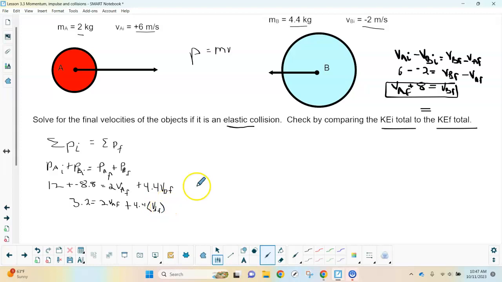So that equation that we did up here, we're just going to substitute in this VAF in for VBF. So I'm going to take out essentially that VBF, and I'm going to plug that in there.